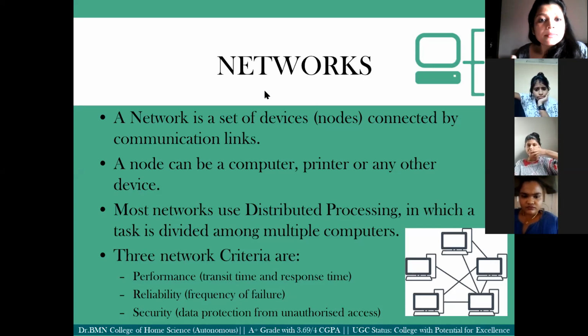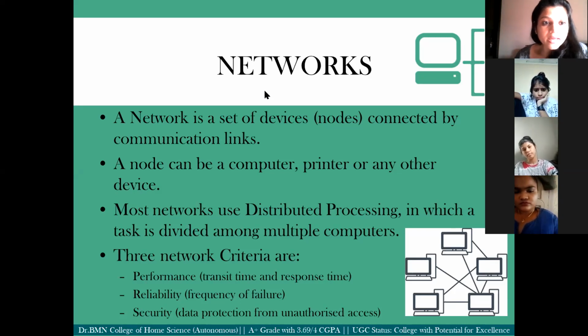The communication links could be wired communication or wireless communication. Generally in networks, the computers use distributed processing. Distributed processing is nothing but the tasks are divided among multiple computers. Instead of putting the entire load on one machine, the task is divided among multiple computers. That is distributed processing, very simple.